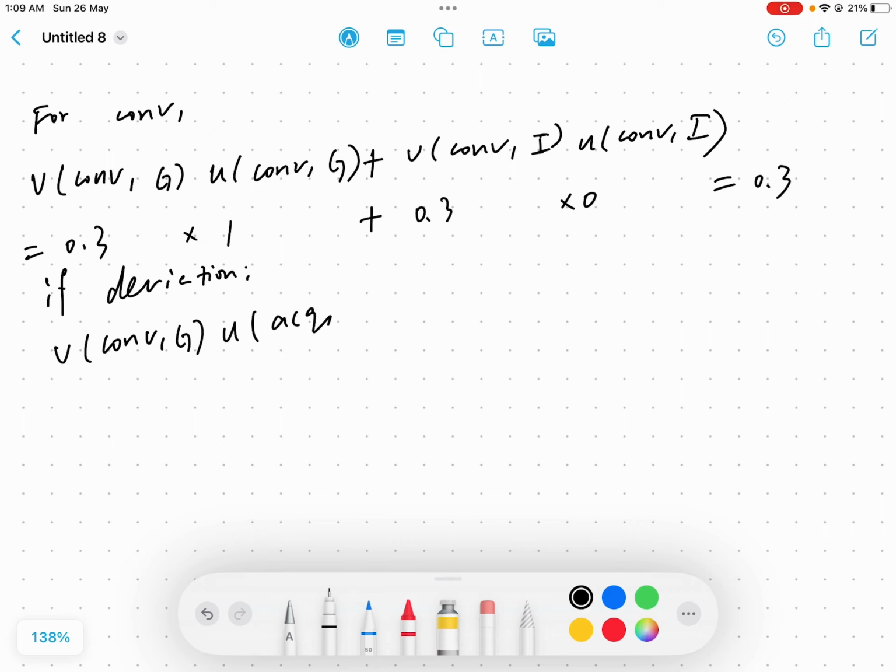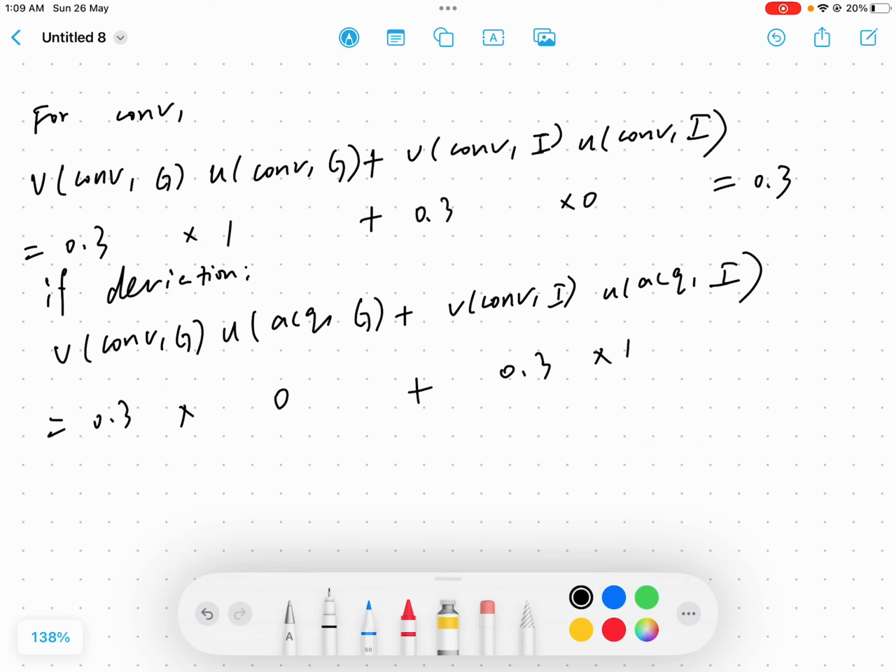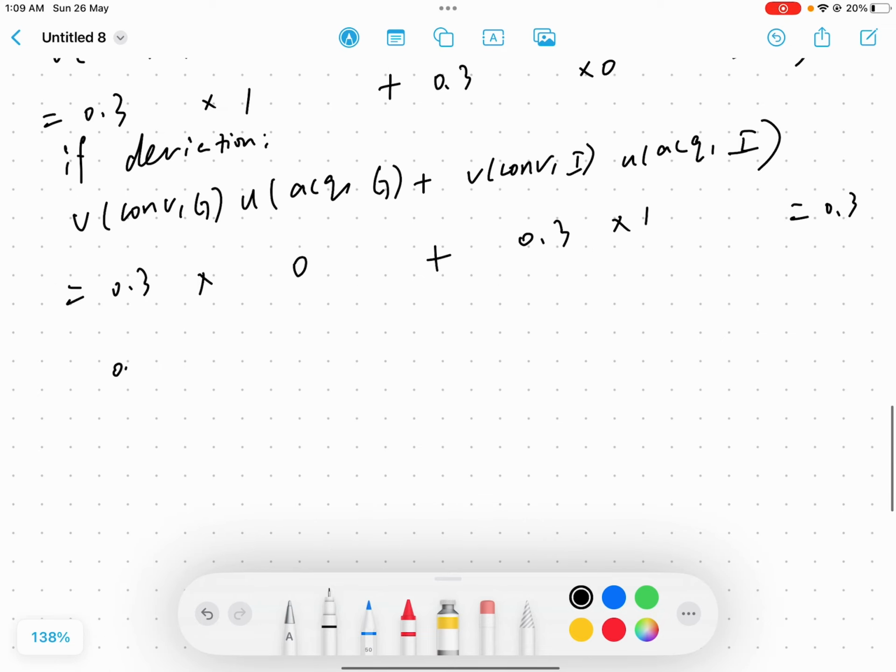So this is U acquit G plus V convict I, U acquit I. This is 0.3 times 0 plus 0.3 times 1, and it's 0.3. Again, 0.3 is greater than or equal to 0.3, so it's okay. So for the convict, it satisfies the obedience, no problem.